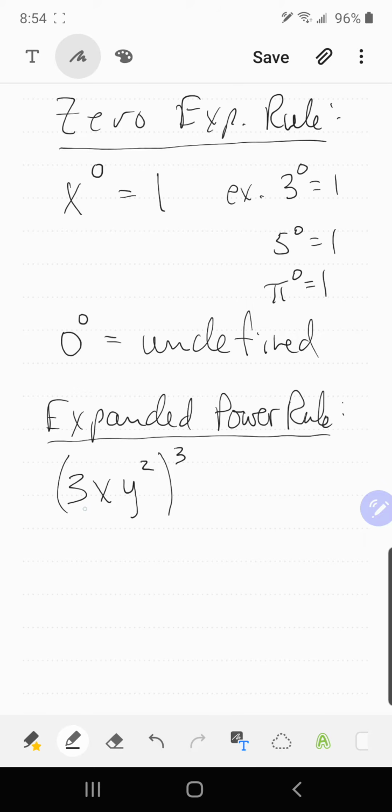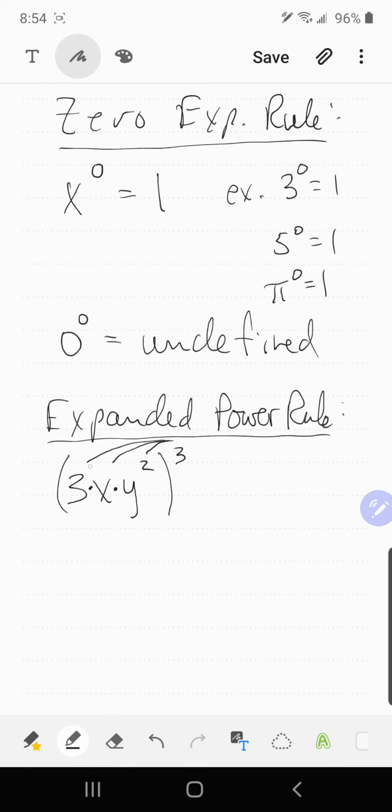What I want you to notice is the expanded power rule is for monomials. That means inside the parentheses, you're allowed to have multiple factors, but there can be only one term. So here the 3 is a factor, the x is a factor, and the y squared is a factor. The expanded power rule says that that exponent outside is going to distribute to every exponent inside.